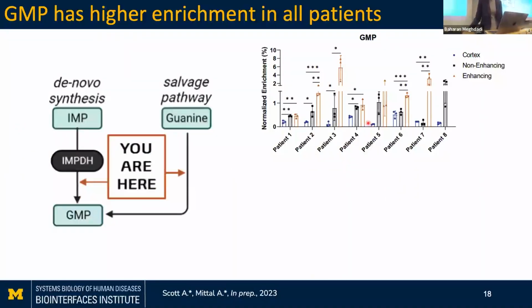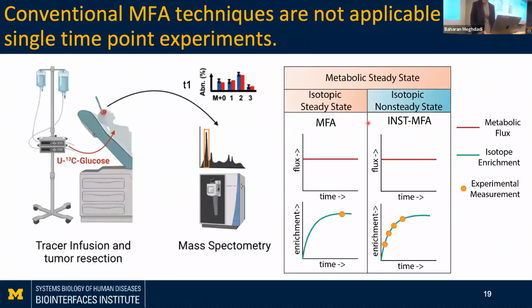But in the patients, we can't easily solve the optimization problem to find the fluxes. So we don't know how much of the GMP synthesis is from the de novo synthesis and how much of it is from the salvage. So we'd like to quantify that in the patients.